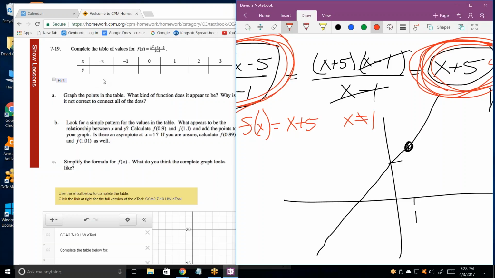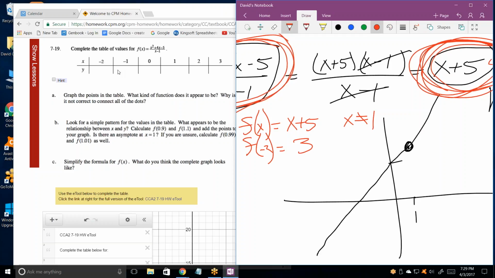So now let's fill out the table. If I put in minus 2, what is f of minus 2? 3. So that's what goes in the y spot. You understand that f of x is the same as y.